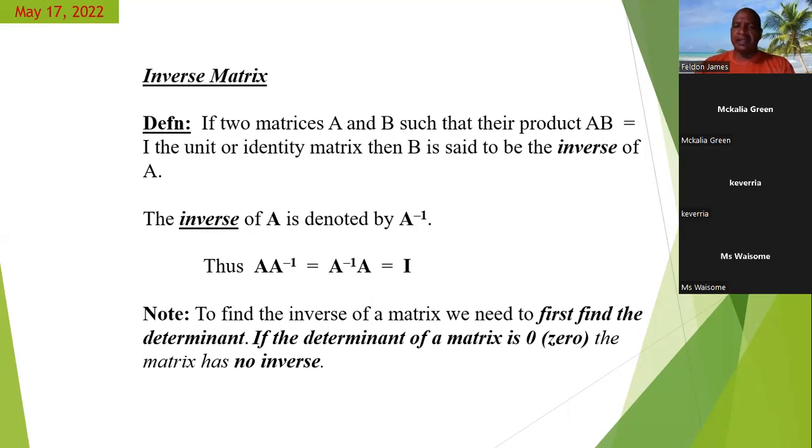So to find an inverse of a matrix, we need to first find the determinant. If the determinant of a matrix is 0, the matrix has no inverse. And in that case, we say that the matrix is singular.